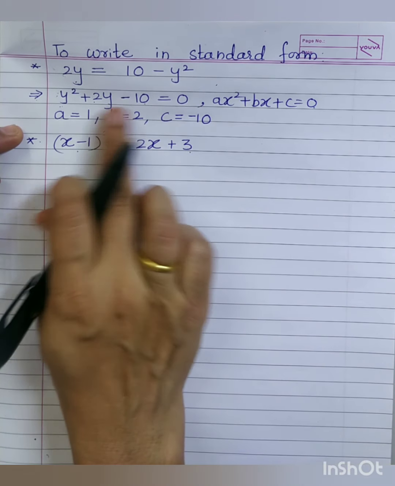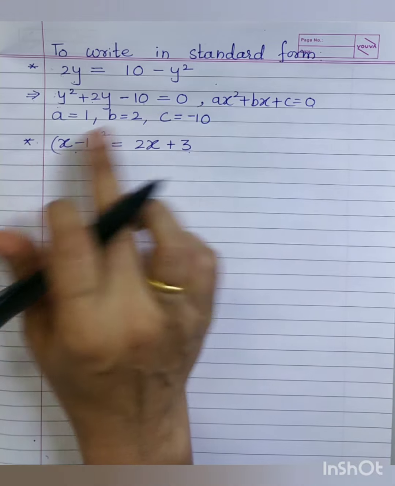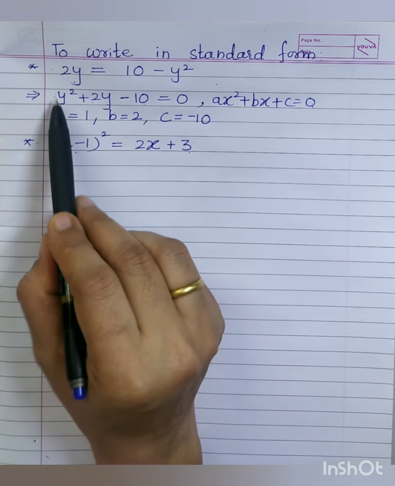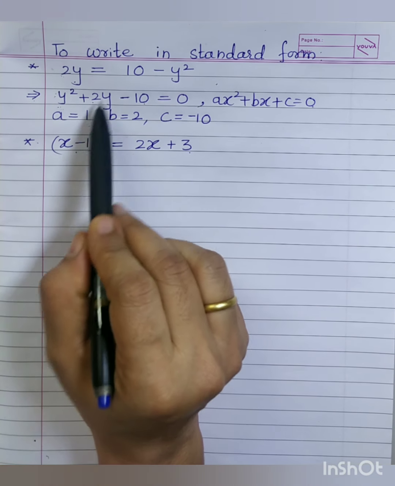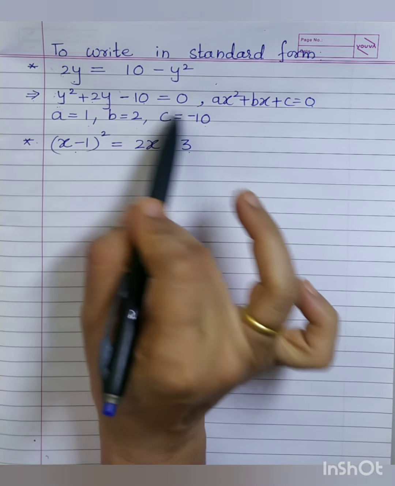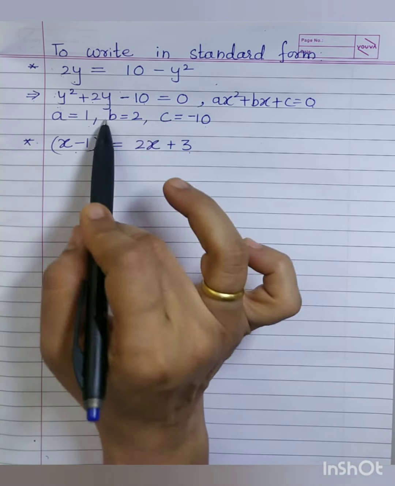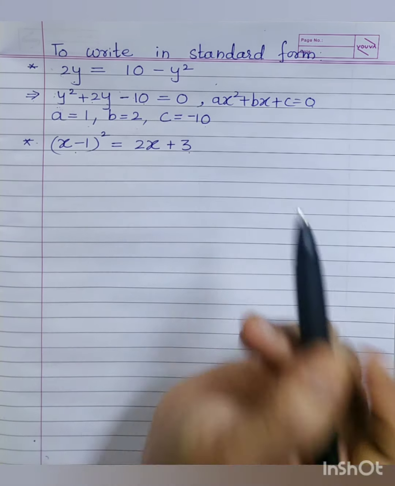Are we writing the variable? No, we are only writing a, b, c. We are not writing the variable along with that. If only y square is there, then you know the coefficient is 1 here, right? Here 2, and here the constant term is minus 10. Take it with its sign. Here also if positive or negative is there, you will have to take that value of a, b, c as negative.